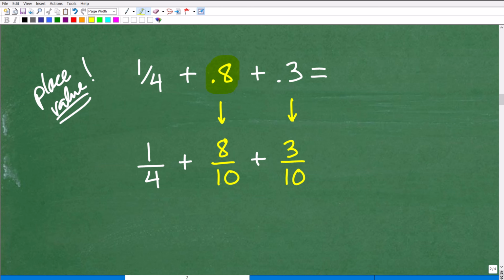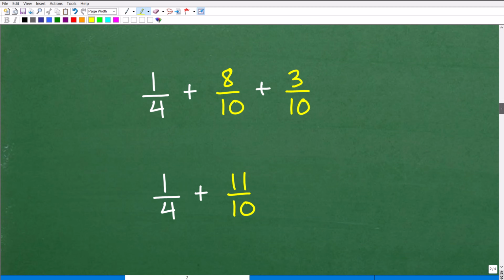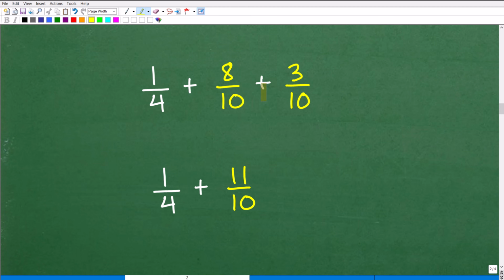So now we have 1/4 plus 8/10 plus 3/10. Anytime you're adding or subtracting fractions or doing anything with fractions, you always want to try to simplify these fractions right off the bat.